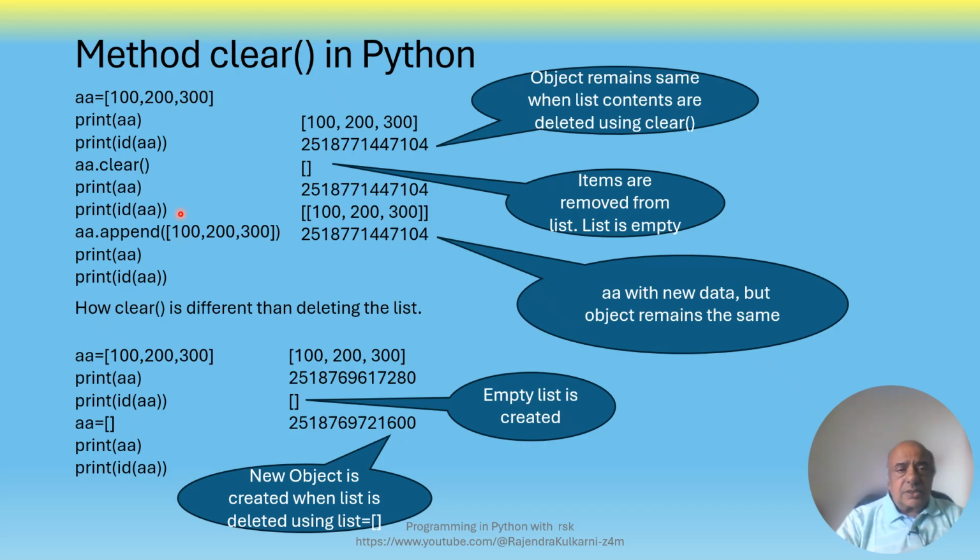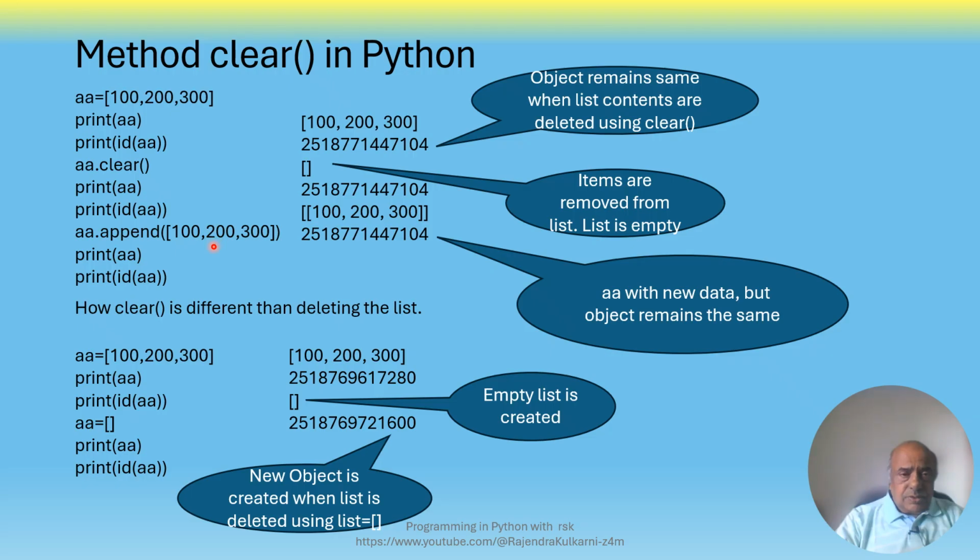The list contains no items. We can append another list to the cleared list here. So with a.append, with this value 100, 200, 300 again as a list.